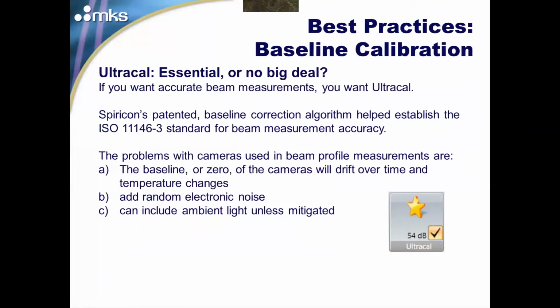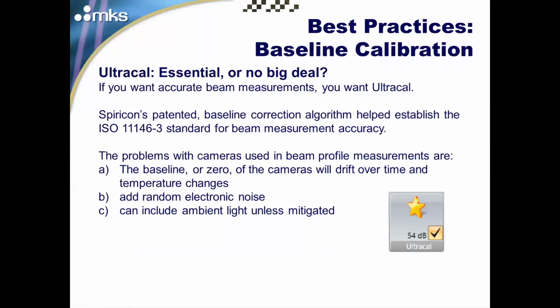Some of the problems with using cameras and silicon CCDs in beam profile measurements are that the baseline, or the zero level of the camera, does drift over time. Silicon does respond very sensitively to ambient temperature. So as the camera heats up or your air conditioning turns on, all of those things have a measurable effect on the silicon response of your CCD camera.